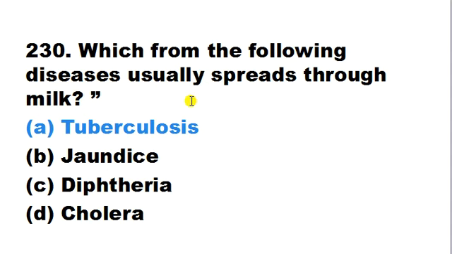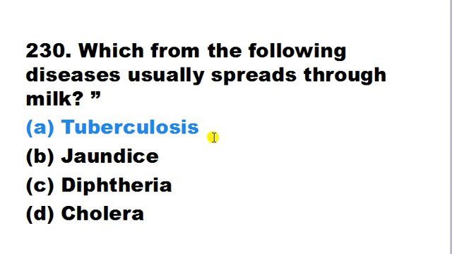Mycobacterium bovis, or M. bovis, is a bacteria that spreads tuberculosis in cattle, and cattle produce milk. This unpasteurized milk can infect human beings if they consume unpasteurized milk of that cattle.